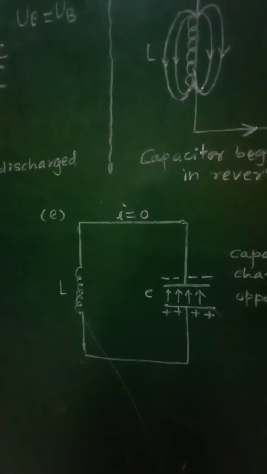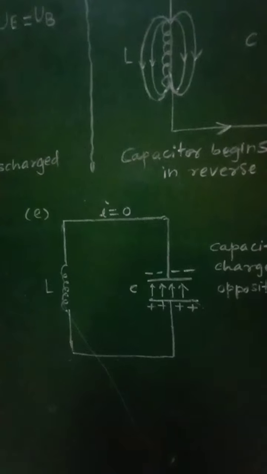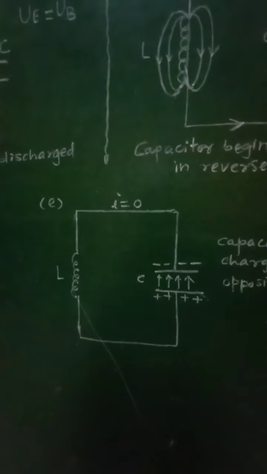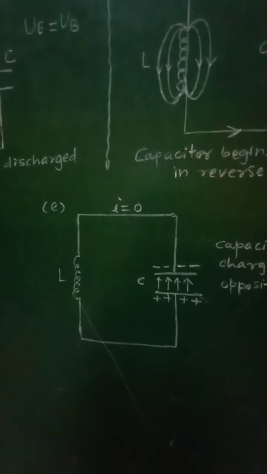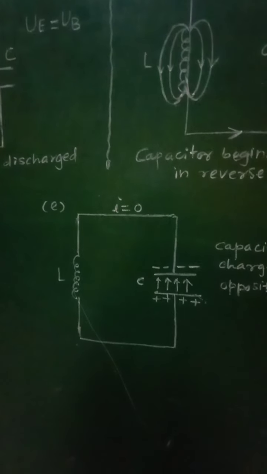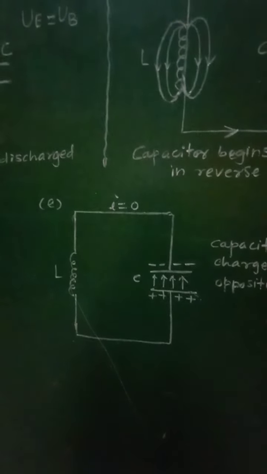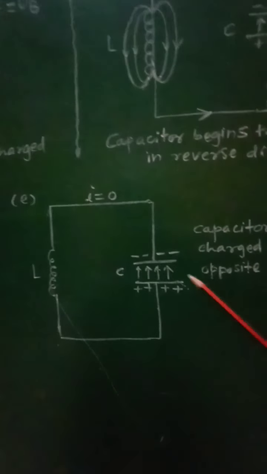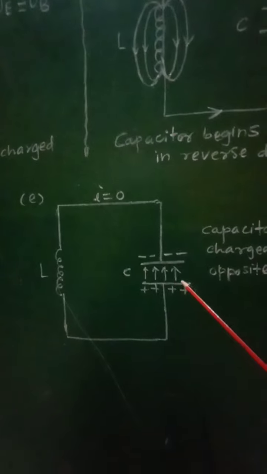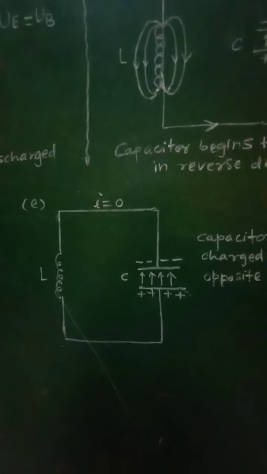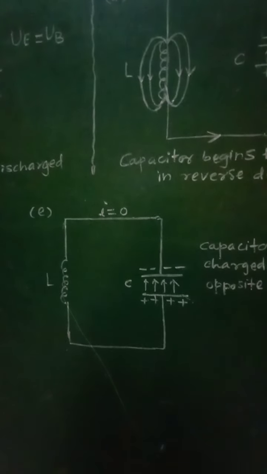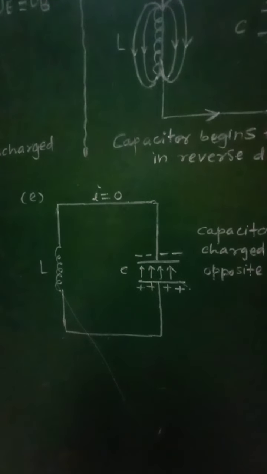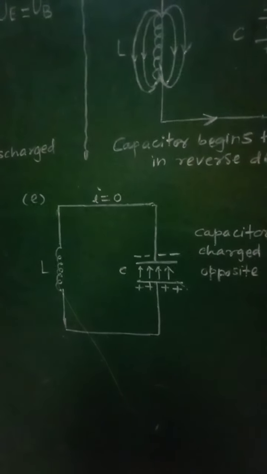The process of charging continues till the capacitor is fully charged with opposite polarity as in the initial state. Then the entire energy is again stored in the capacitor as electrostatic energy, that is UE equal to half Q0 square by C, in the electric field of that capacitor.